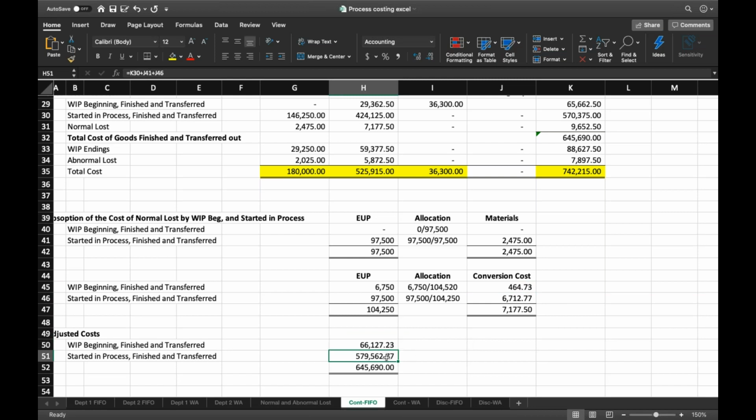For the started in process, that is 570,375 plus 2,475 plus 6,712.77 equals 579,562.77. So, yung 645,690, same dito sa taas natin, is now adjusted. Yung beginning is 66, yung started is 579. Hindi na 65 and 570. The 9,652 is already allocated to the two inventories.